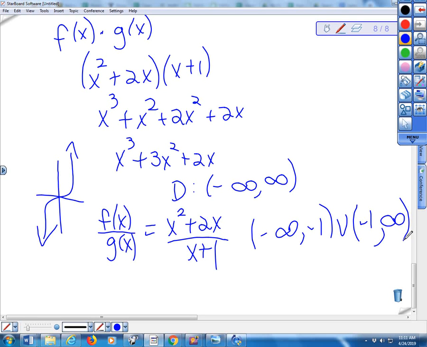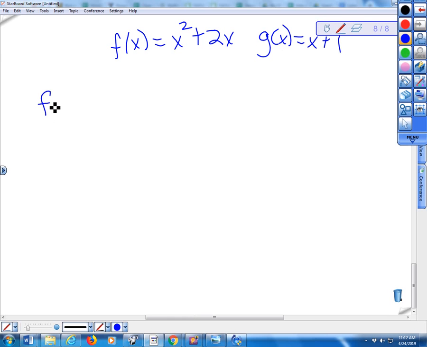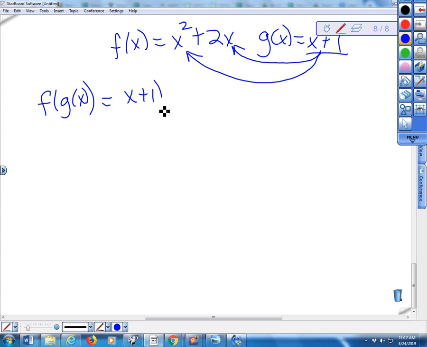Okay, then we have f of g of x. So f of g of x just means I take g of x and I put it in everywhere there's an x. So that's x plus 1 squared when I put it in for x here, plus 2 times x plus 1.